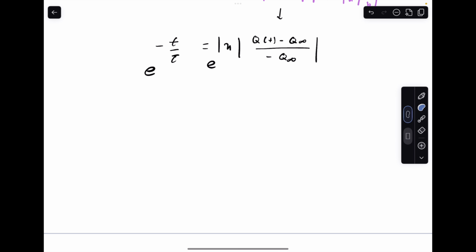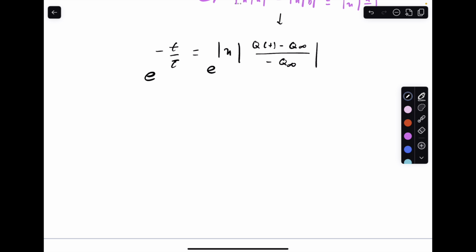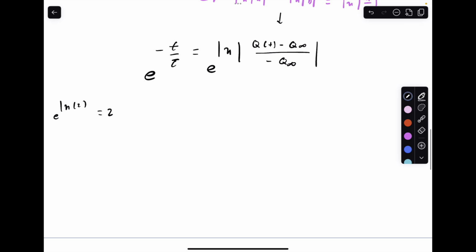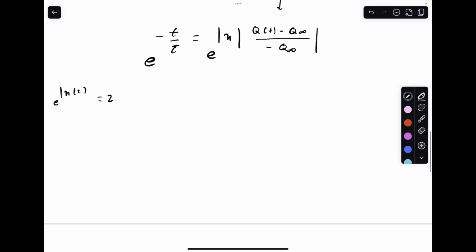That's a rule, right? The rule I should specify is that e to the ln 2 is equal to 2, right? So then e to the ln of this entire thing is going to be equal to that entire thing on the inside, this inner term, q of t minus q infinity divided by negative q infinity.